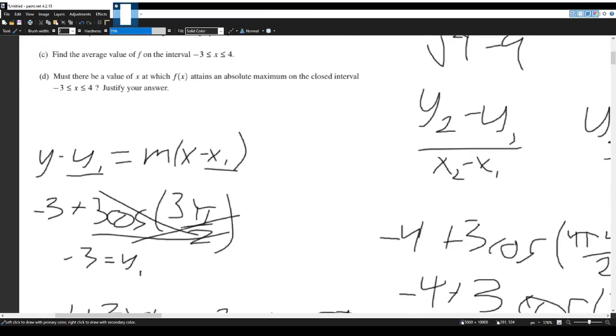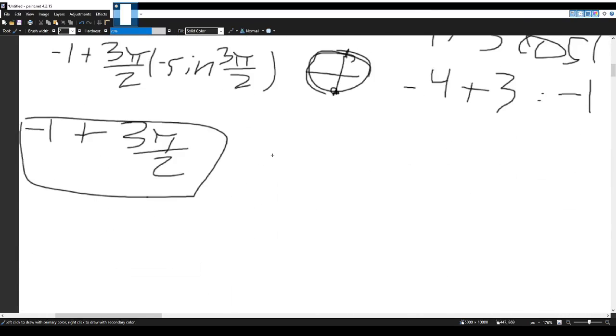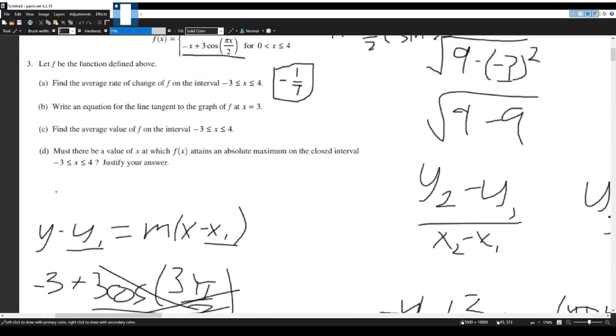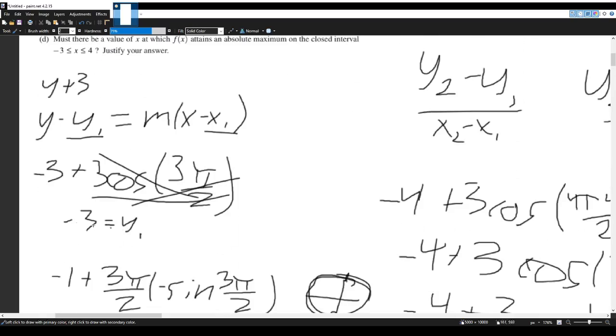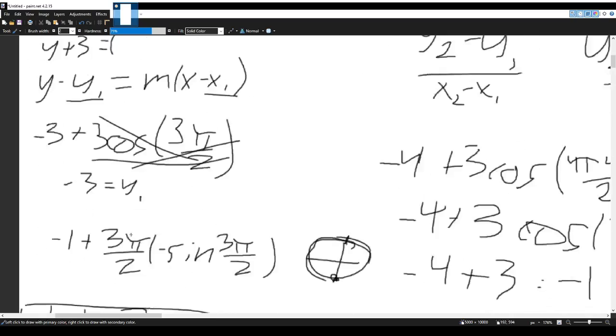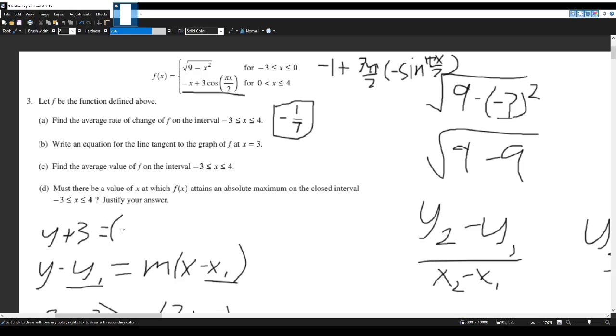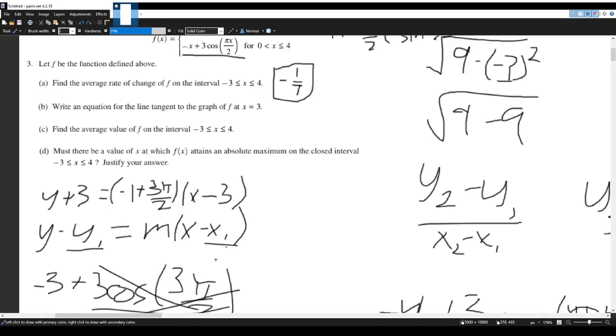So that is m. Let's do this: y plus 3, because y1 is negative 3, equals negative 1 plus 3 pi over 2 times x minus 3.